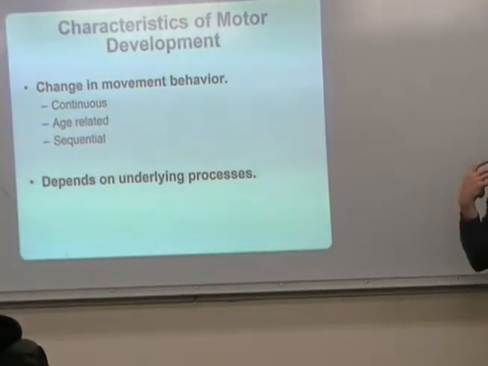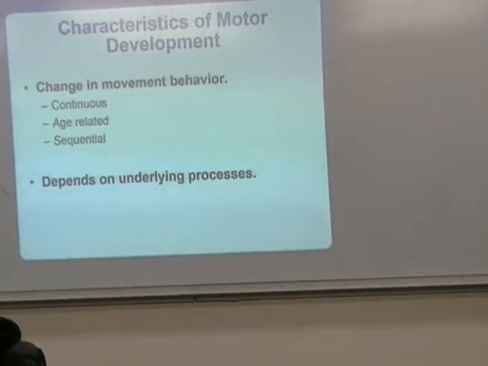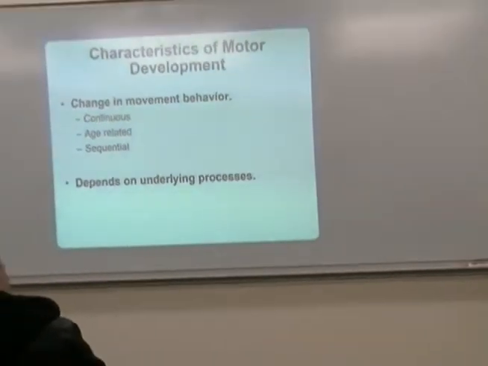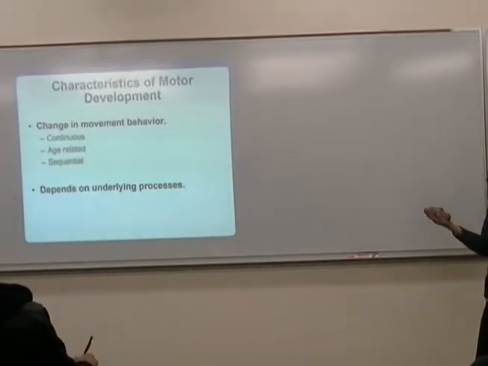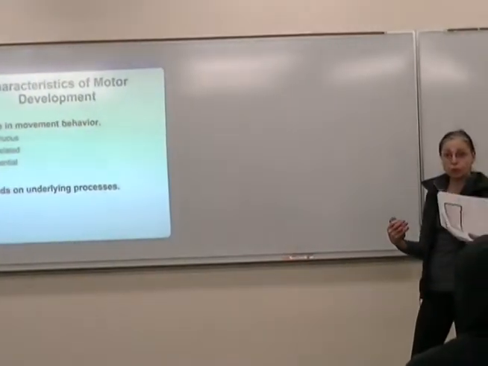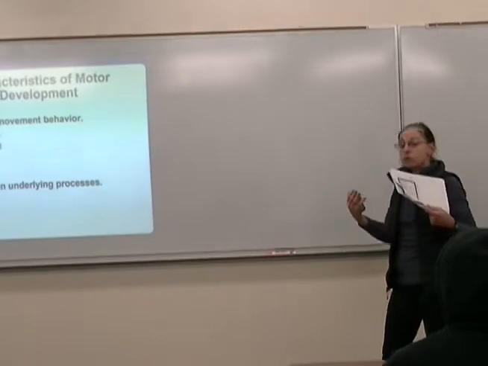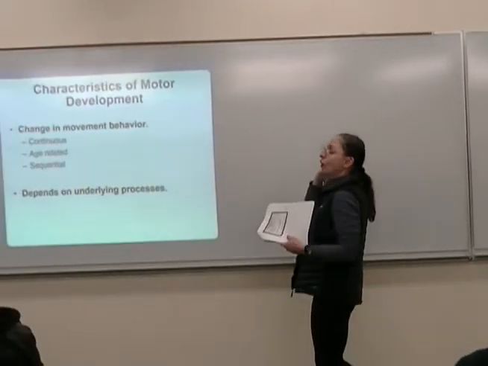All right? We used to only study people up to their late teens, early 20s and just kind of assume that skills stay the same. But clearly, when you look at your grandparents or when you look at elderly people around town, they don't move the same way we do. Right? So motor skills change all the time.